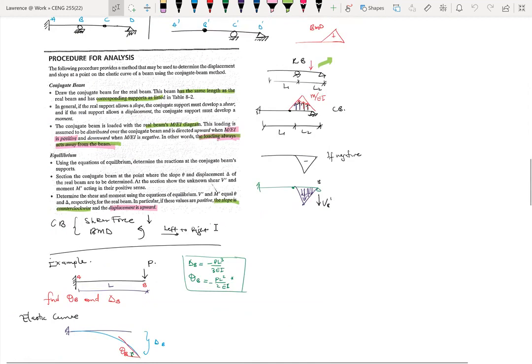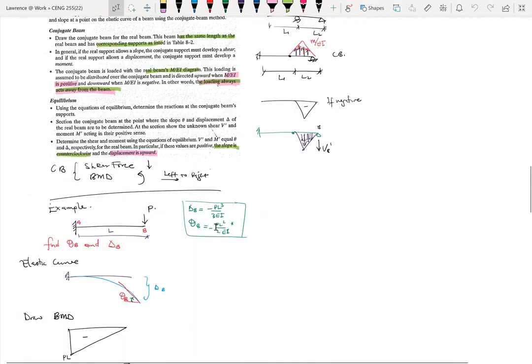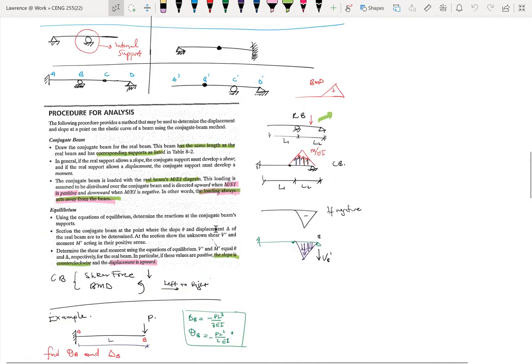So I think we looked at the analysis process on how to solve some of these problems. I think we mentioned that the first thing is you draw your bending moment diagram from the real beam. Then from there, you create your conjugate beam. When you create the conjugate beam, you load it with the bending moment from the previous calculations.